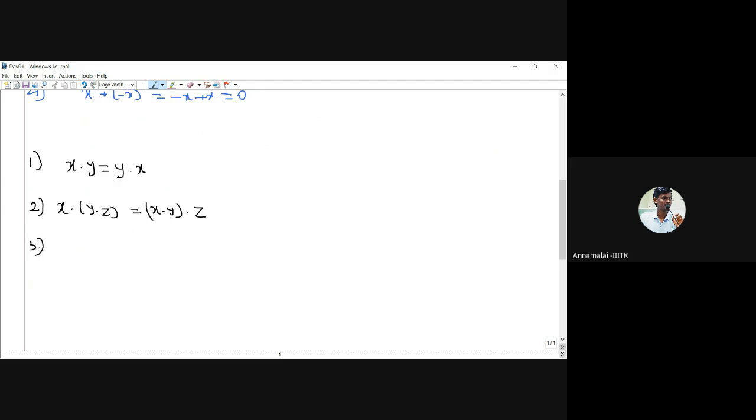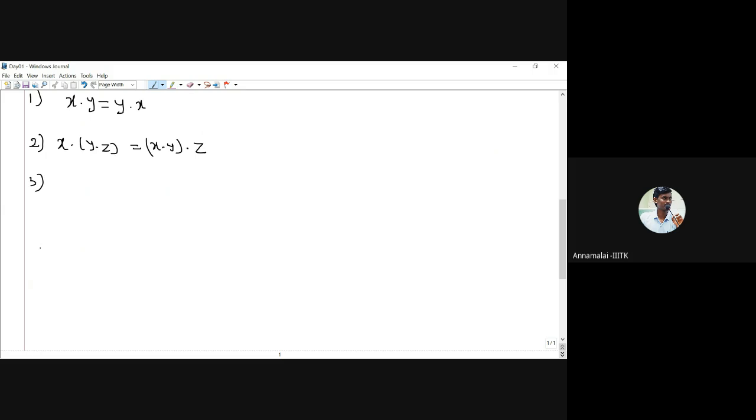And then the third property is the identity element, which is nothing but 1. So x dot 1 equals x equals 1 dot x, for any real number. This 1 is called the multiplicative identity of R. Then the fourth one is the multiplicative inverse: we take 1 by x, provided x is non-zero.